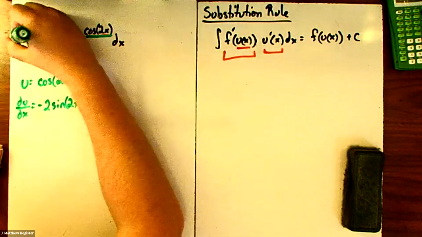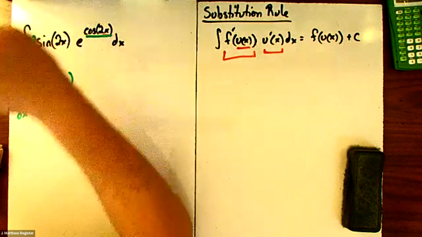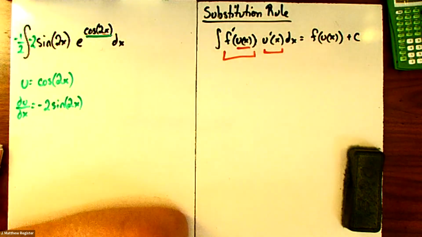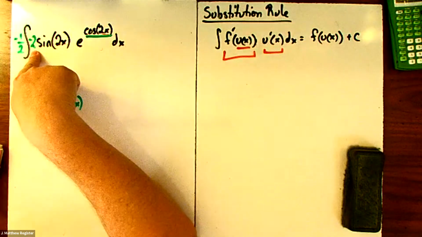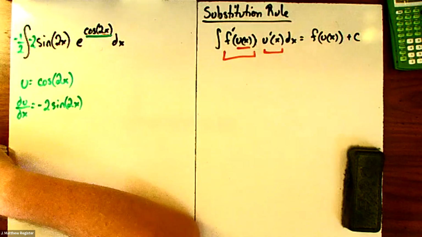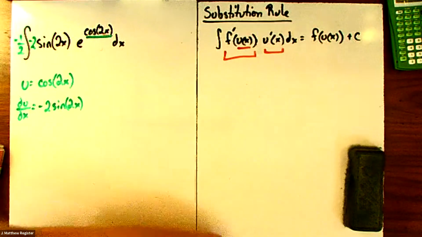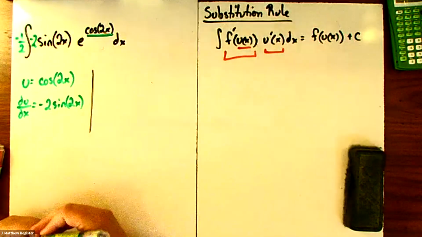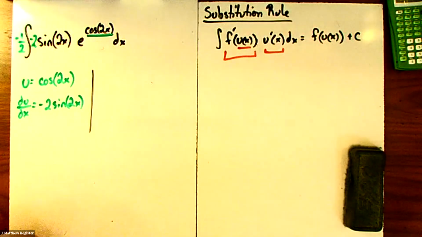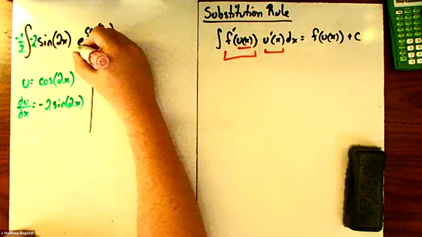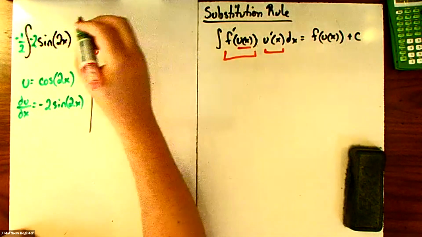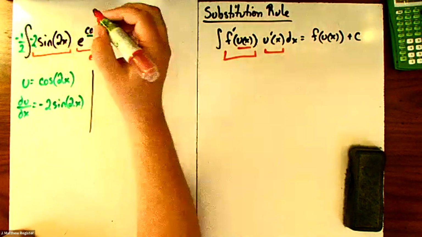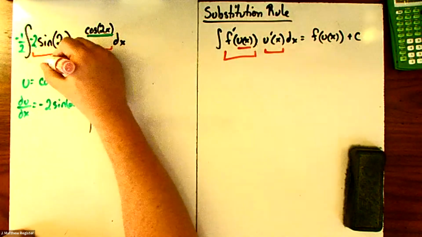The way we balance it is we multiply by negative 1/2, because if you remember, negative 1/2 times negative 2, they just cancel out. And if it cancels out, you're all good. Well, now looking at this, we have that this term is e to the u, and this term over here is du/dx.